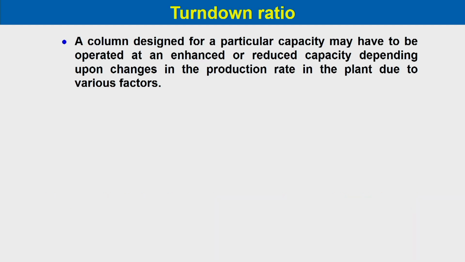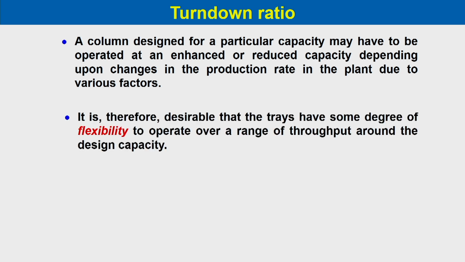Now, another important thing is the turn down ratio. A column designed for a particular capacity may have to be operated at an enhanced or reduced capacity depending upon the changes in the production rate in the plant, due to various factors. So, we need to have an operational flexibility for our design.